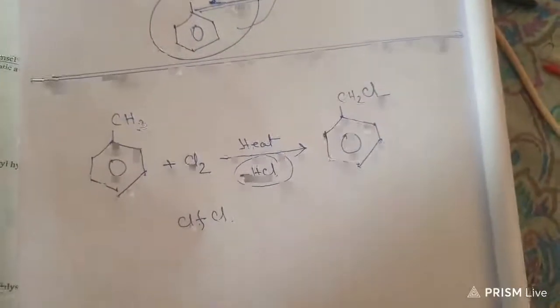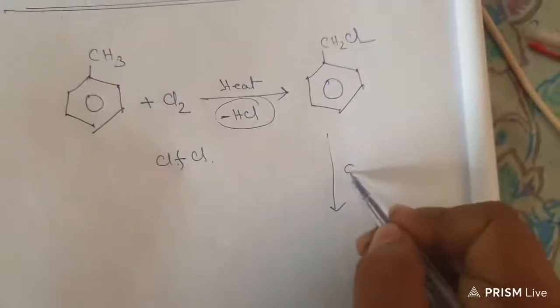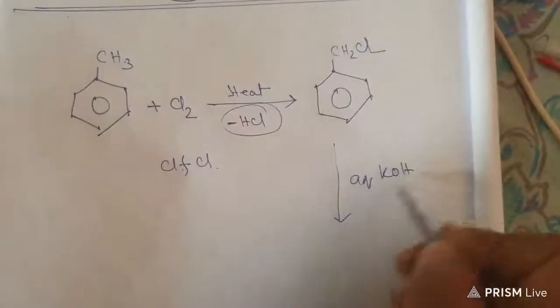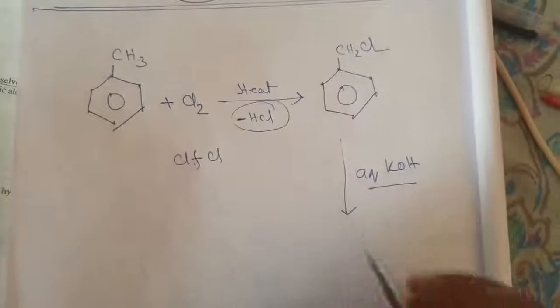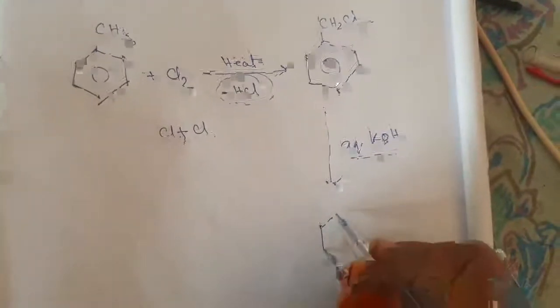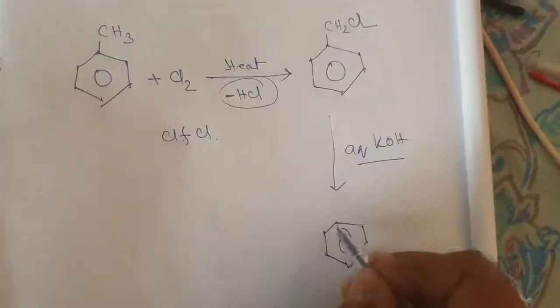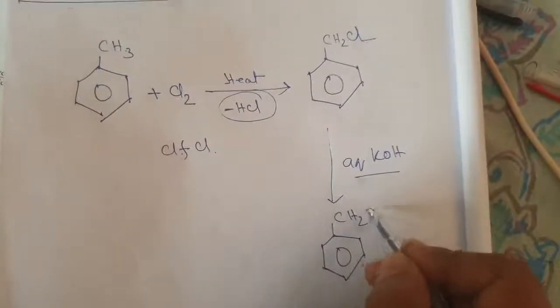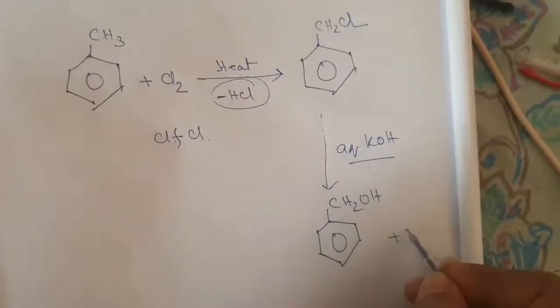Difficult to know? Okay. Now treat it with aqueous KOH. What will happen? It will be C6H5CH2OH plus KCl.